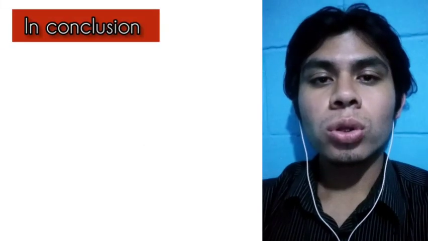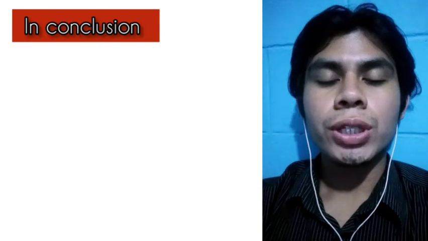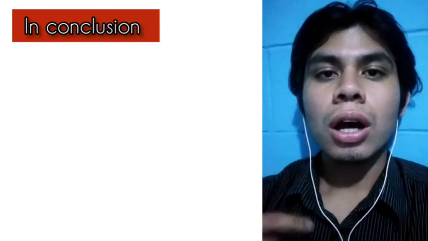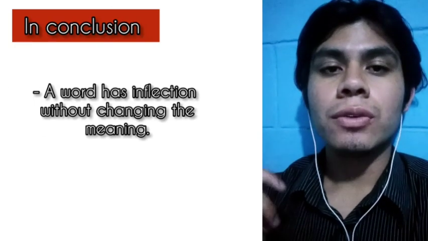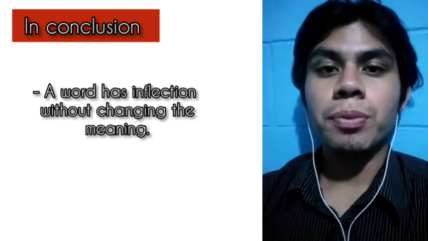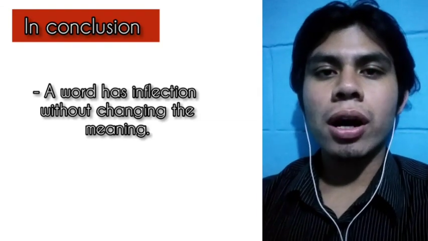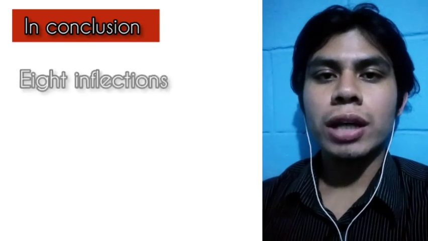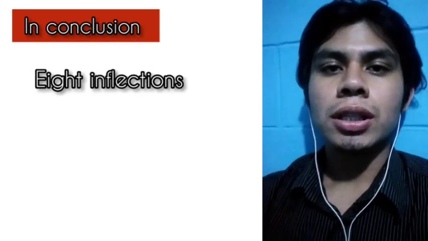Okay, in conclusion, we said that inflectional morphology is when we have a word and the word has an inflection, but without changing the meaning, right? In English, there are 8 inflections, and we already talked about this.